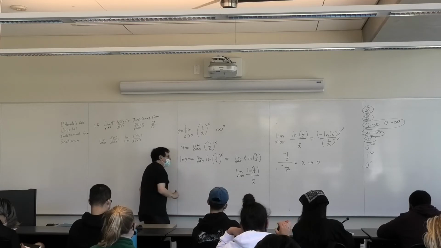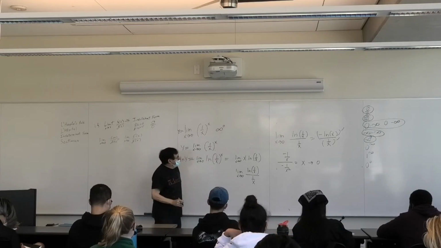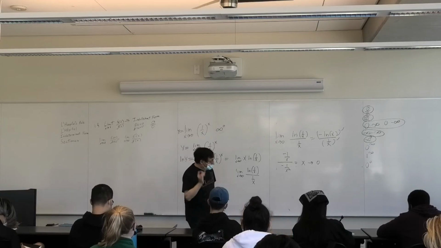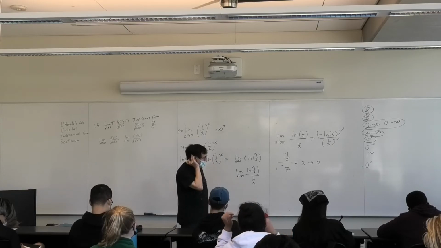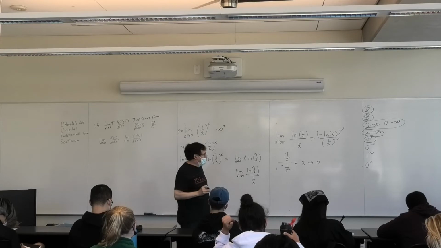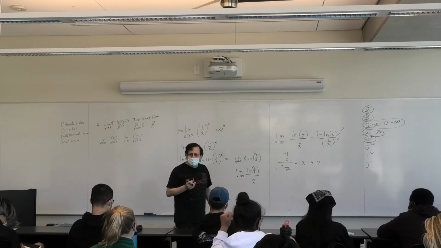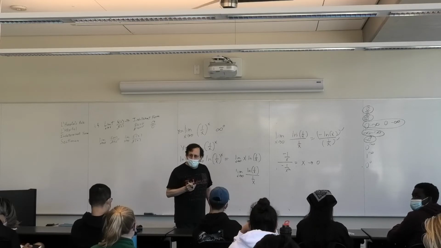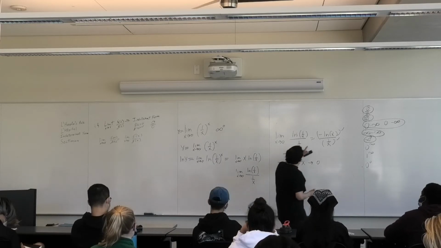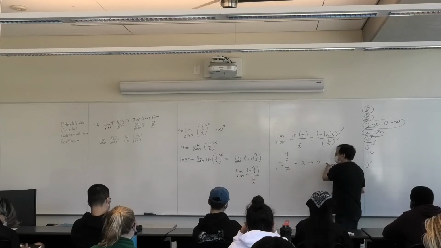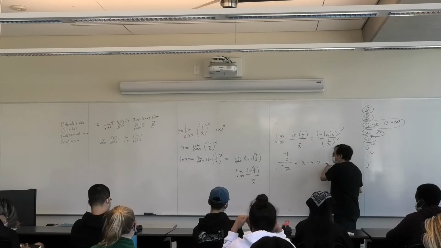You differentiate both sides, the top and the bottom. So you differentiated the top, and then you differentiated the bottom, and then how does the x go to 0?